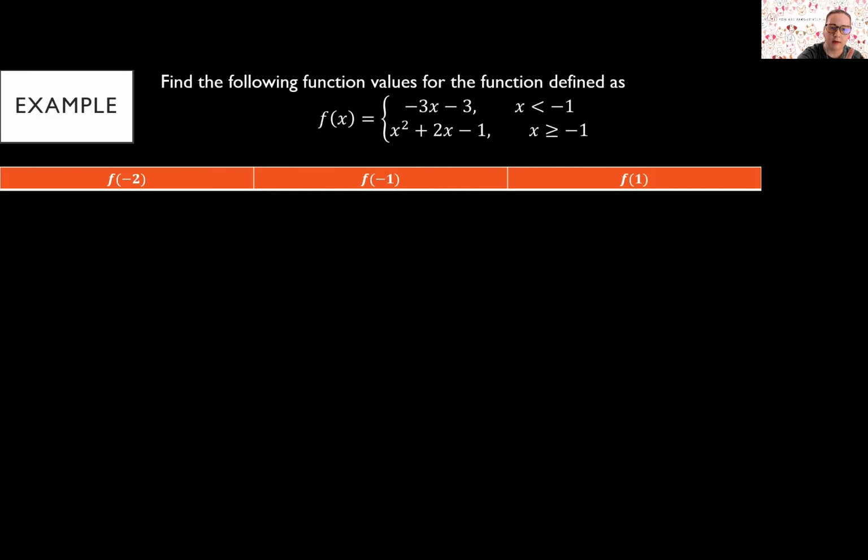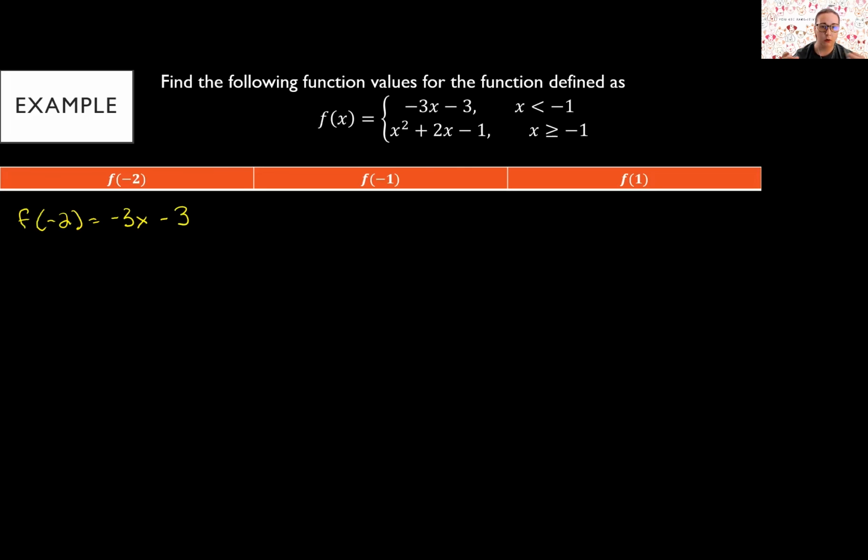So we've got our input of -2 here for f of -2. So x is -2. For an x value of -2, -2 is less than -1, so we're going to use the first equation, the -3x minus 3, because that equation is true when x is less than -1.